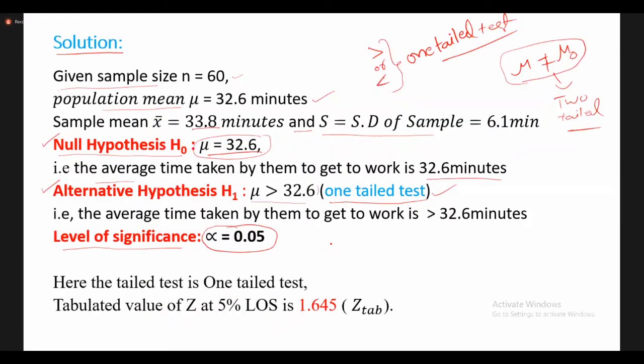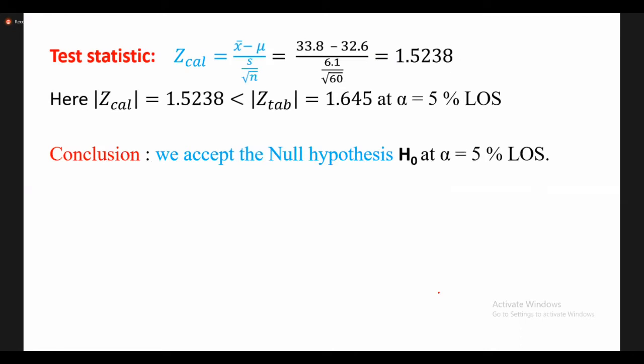Here the tail test is one tail test and the table value of Z at 5% LOS is 1.645. This is the Z tabular value. Now the third step is over.